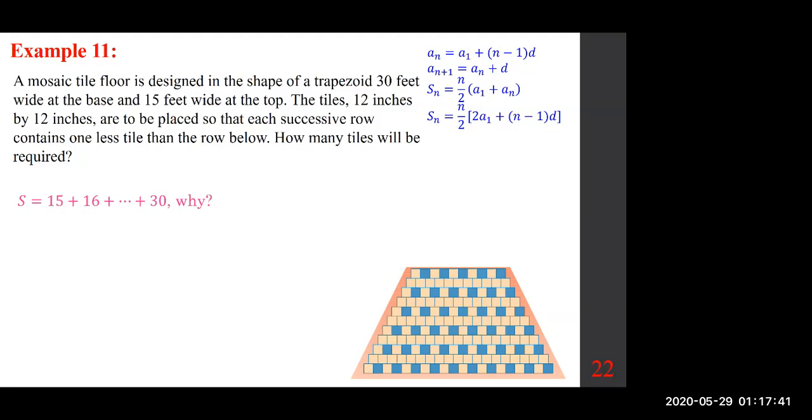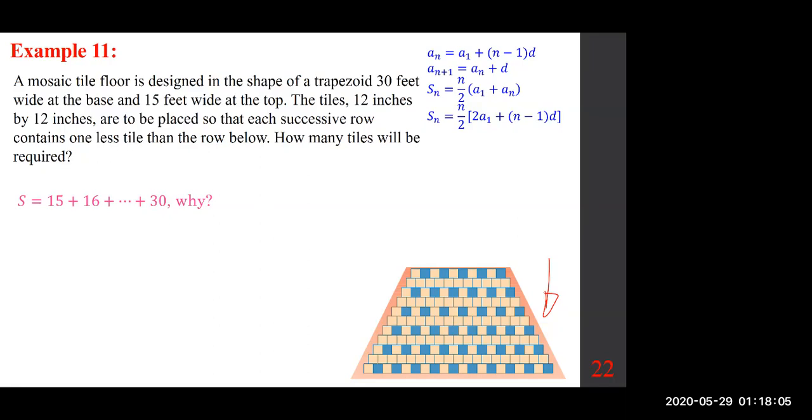So that's the idea behind that. Because we are adding one, if you go this way, we are adding one. The difference of one. If we go up, we are subtracting one. D is negative one, okay? If we are going down, the difference is positive one.